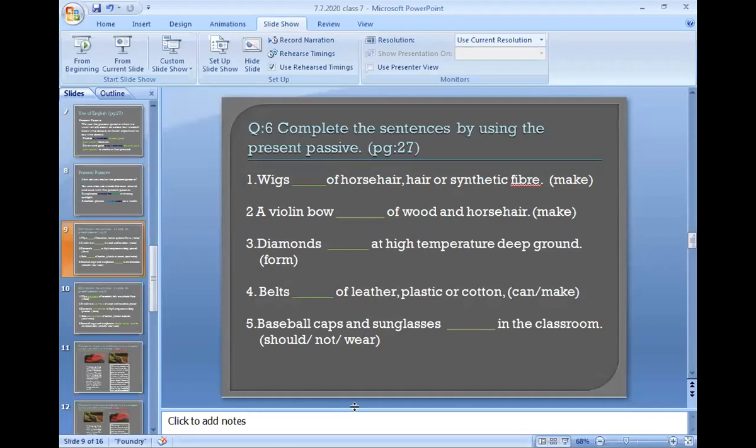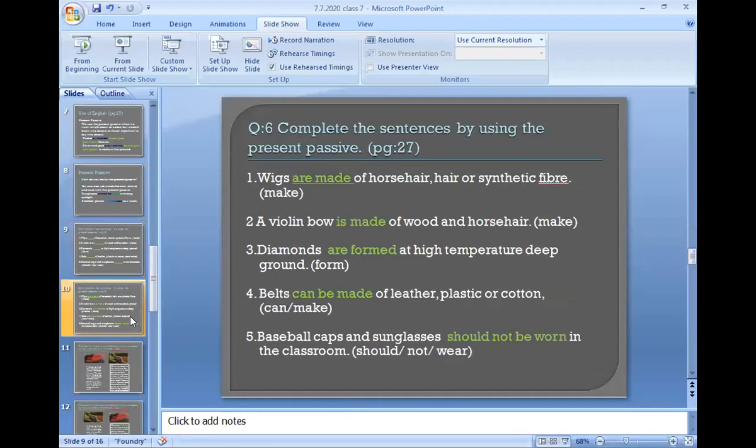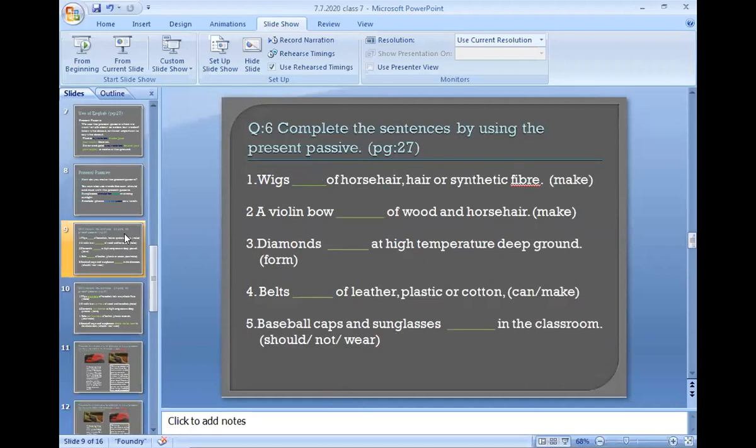So what you are going to use, you are going to add something else also. What you are going to use is am, are, or can, or should. You will use it with make. Hurry up. How are you going to write? Wigs are, okay.